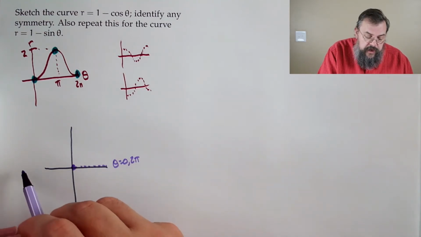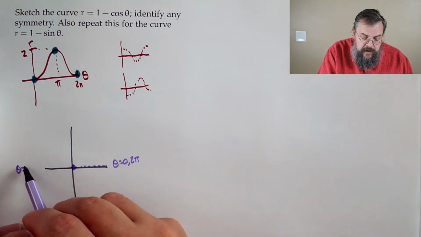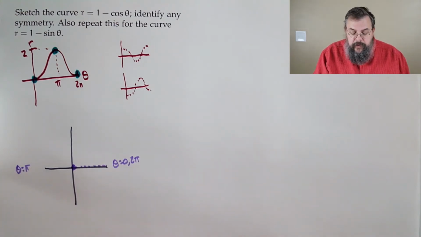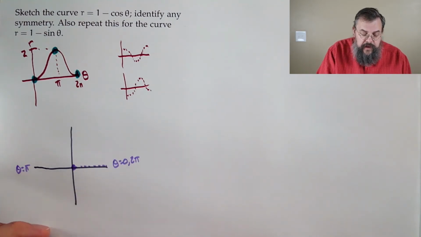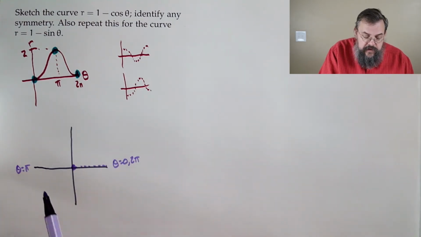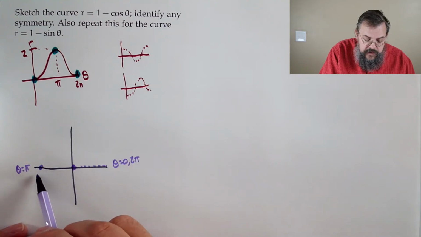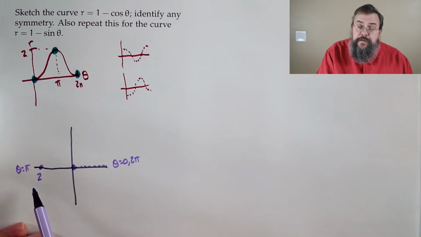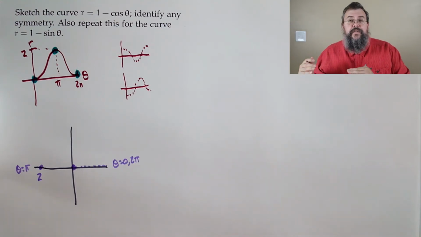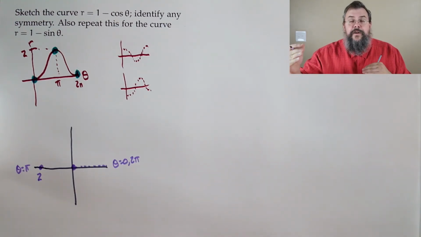When we are over here at theta equals pi, well, we're going to be how far? Well, we have r equals 2, so that says we're going to go out a distance of 2. So there's that point there. Now, notice I didn't put negative 2, because here that 2 is indicating a distance, which is the value for r.